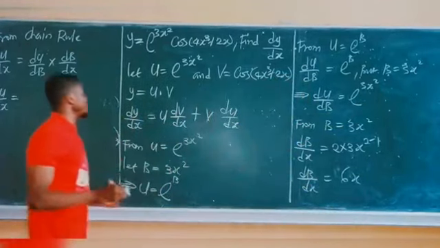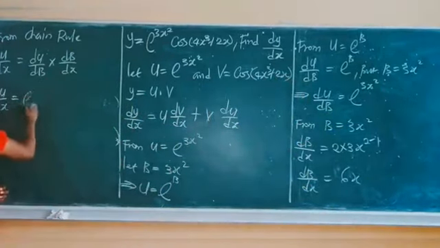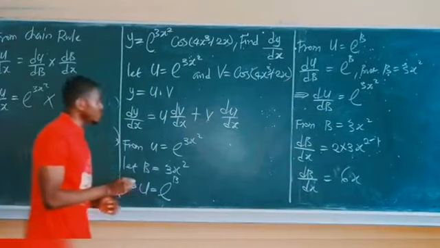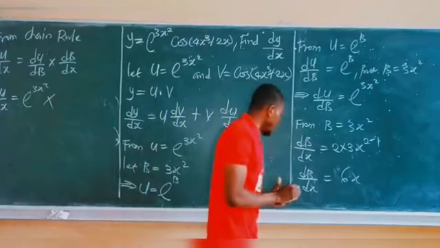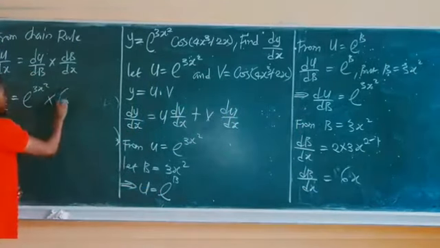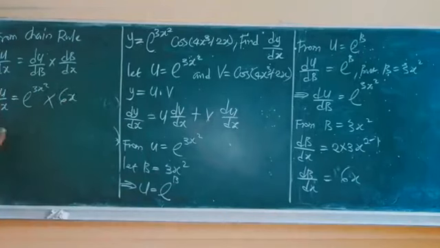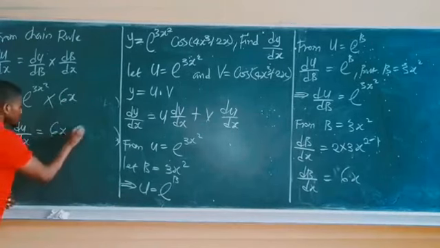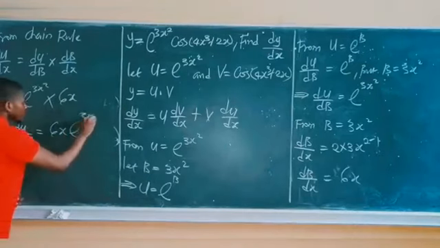So we bring in the value exponential 3x squared multiplied by db dx, which actually gives us 6x. So multiplied by 6x. So this simply now implies that du dx is simply equal to 6x exponential 3x squared.